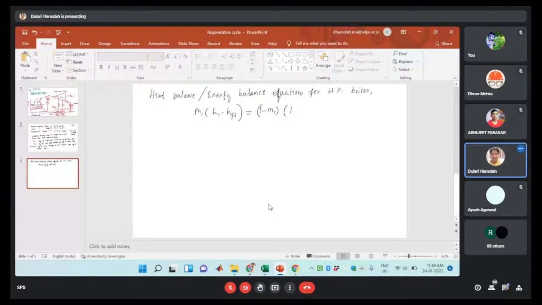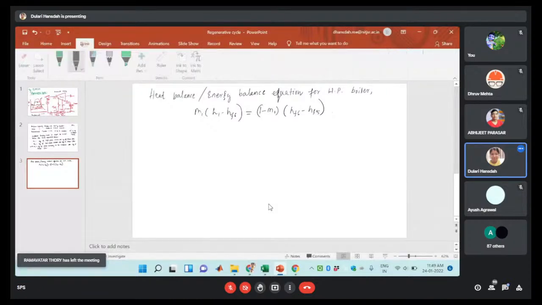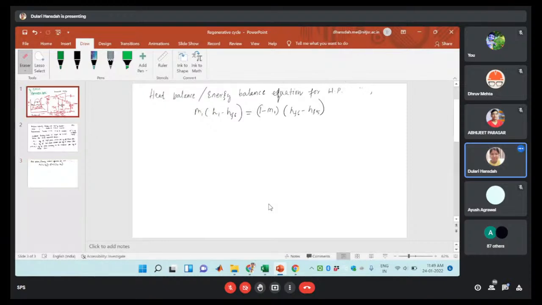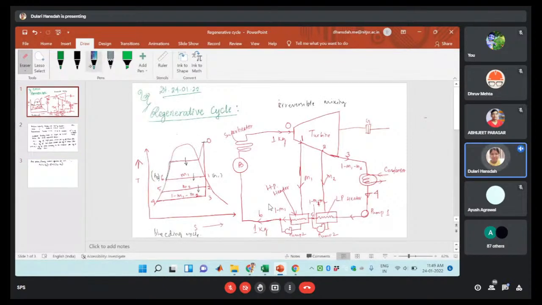It will be (HF6 minus HF5). So this is the energy balance or heat balance equation for the high pressure heater.